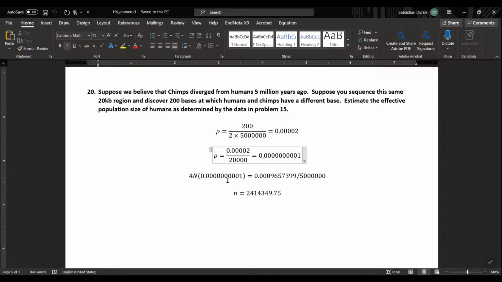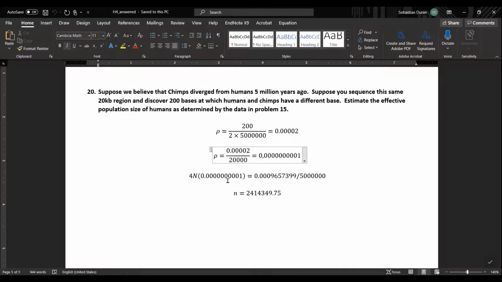And so rho here for neutral evolution is an estimate of the mutation rate. So what we've calculated here is 200 differences divided by the amount of time, measured in years. So we got an estimate of the rate of evolution as the number of differences, 200, divided by the total time. That's for the whole region. And we got maybe 2 times 10 to the minus 5th per region as our estimate of the evolution rate per year.